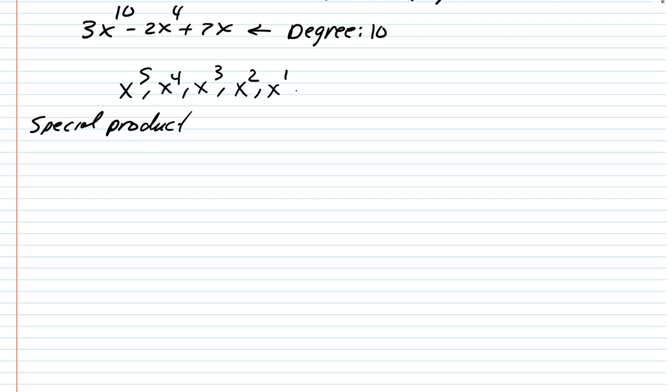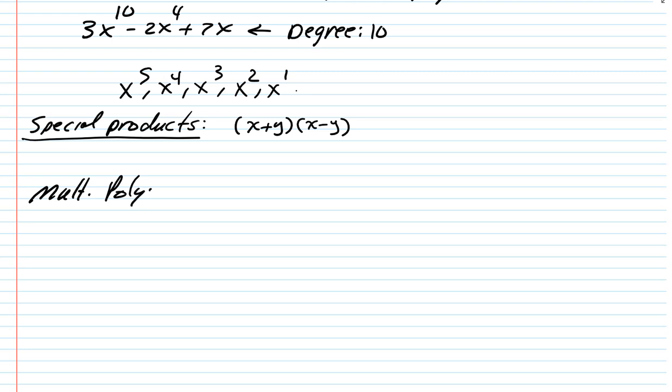The special products that you have probably seen before are like this: if I have (x + y) times (x - y), here I'm multiplying a binomial times a binomial. Well, let me put this one on hold. Let's say we're going to talk about multiplying polynomials.